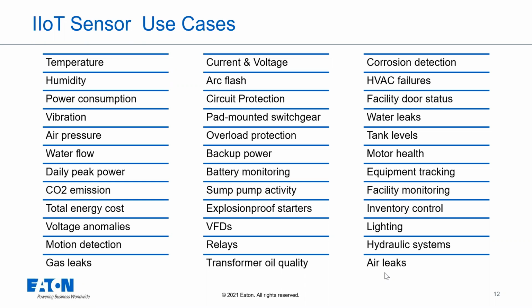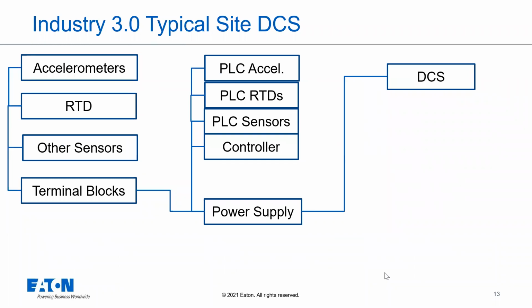A lot of times, the system it's connected to is what we like to call a DCS. DCS is typical with Industry 3.0, which is what we're transitioning out of now, right? So you have your sensors, you have your PLCs, and then it goes to your DCS system, which could be, just for example, DeltaV. I'm not promoting DeltaV, I'm just saying, as an example, DeltaV would be a DCS system that all of that would go into, right?